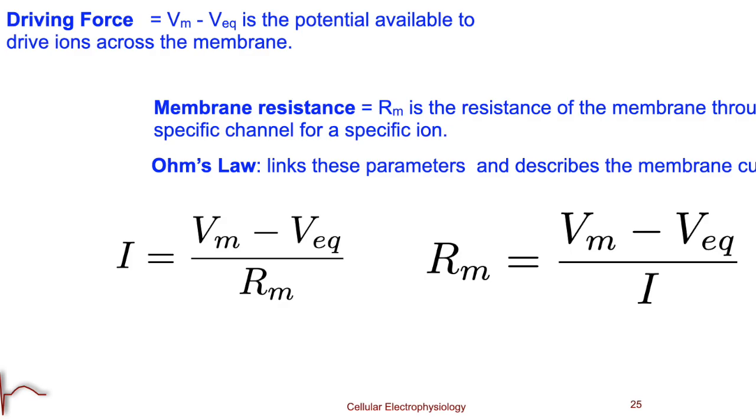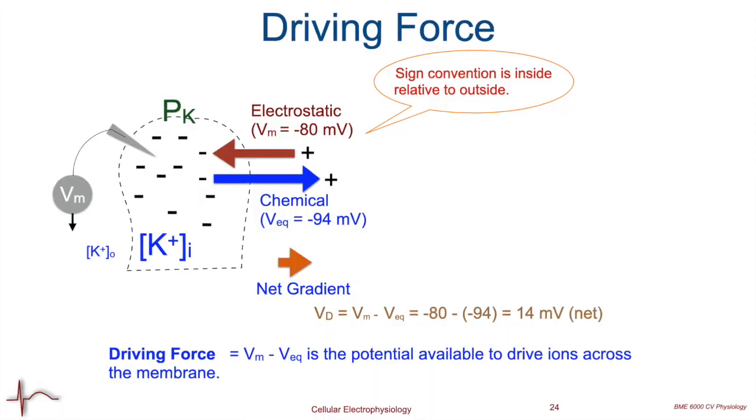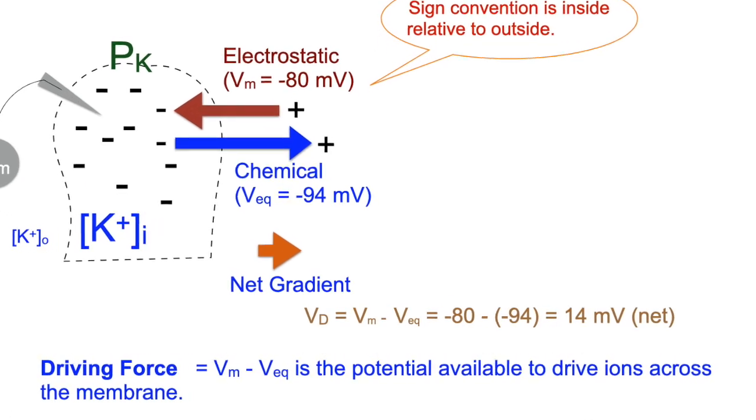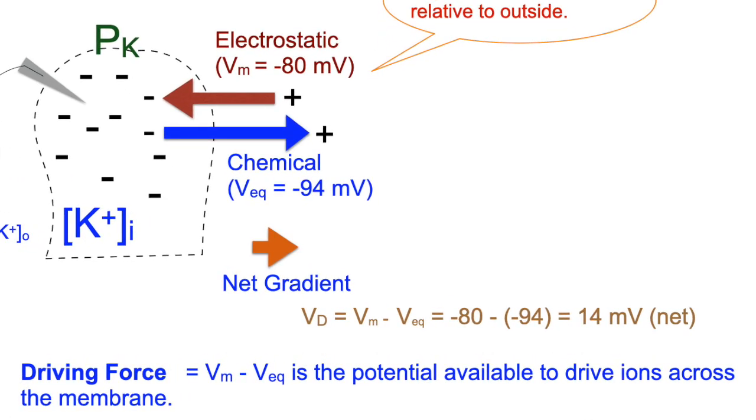So it's not the entire electrostatic voltage or even the Nernst potential for potassium that determines the push or the gradient or the potential for ions to flow. It is the difference between the electrostatic at the moment and the chemical Nernst potential at the moment. And as you can see here, it's a much smaller voltage, and that's not unusual.